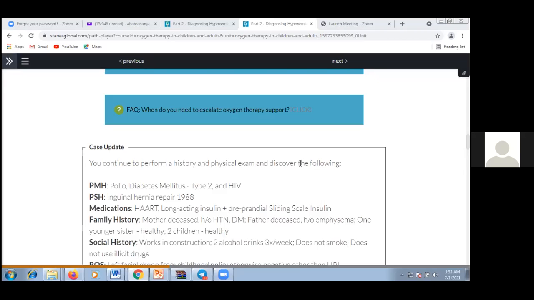Yeah, I think it's enough because we have discussed it also in a previous question. So as most of the participants are saying, we need to escalate oxygen therapy when saturation is not rising while we are administering oxygen above 90% in non-pregnant and above 92% in pregnant adults.